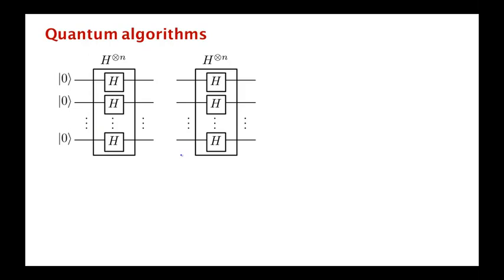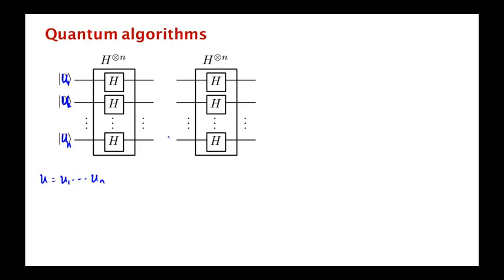And let's say that instead of starting in the state all 0, we start in some particular state u, an n bit string u1, u2, up to un.